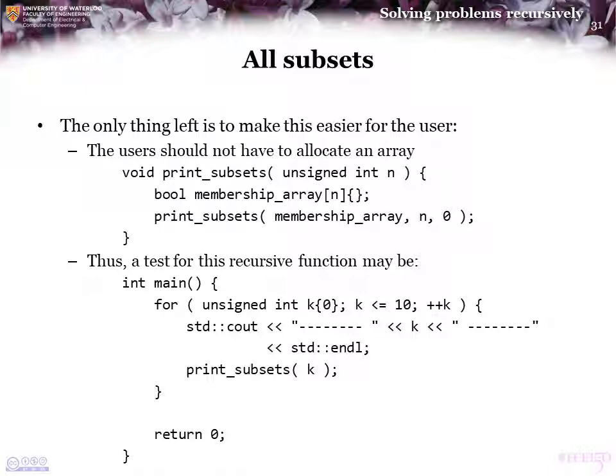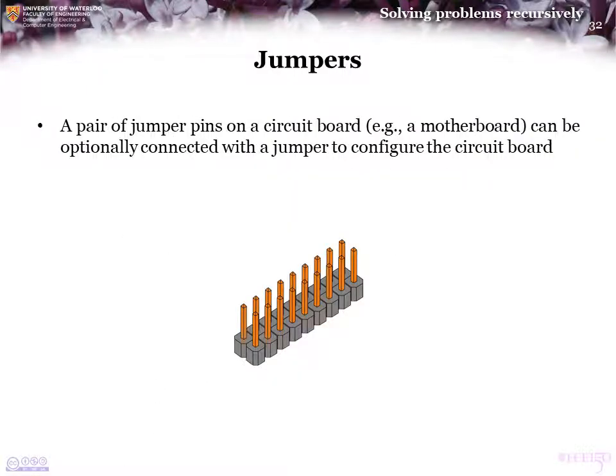We'll now see where this is actually possibly useful in simulating and testing your designs as both electrical and computer engineers. Now here's an example which actually uses the previous example. Now on a motherboard, or any circuit board in general, you can have pairs of jumper pins that can be optionally connected with a jumper in order to configure the operation of the circuit board.